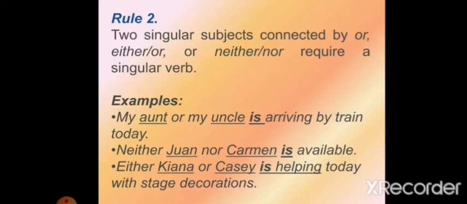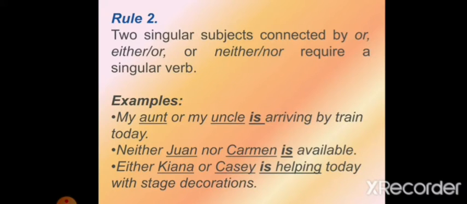It's not and. See, there is or. So when there is either or written, you will always have a singular verb. How? My aunt or my uncle, either of the two. Maybe one of them is arriving. So you have to use the verb is.